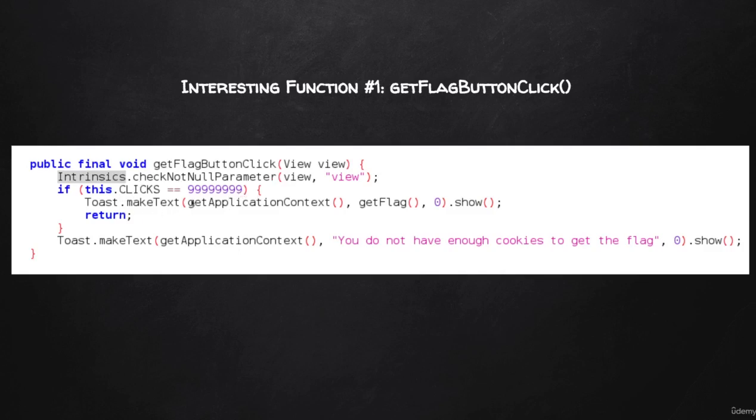If we are able to reach this number, a toast will appear with the string from calling the getFlag method. Our target is to get this flag, but if the click count does not match this number, you will get the message we have seen in the previous slide, that you do not have enough cookies to get the flag.